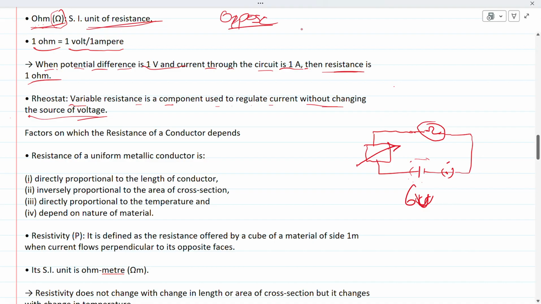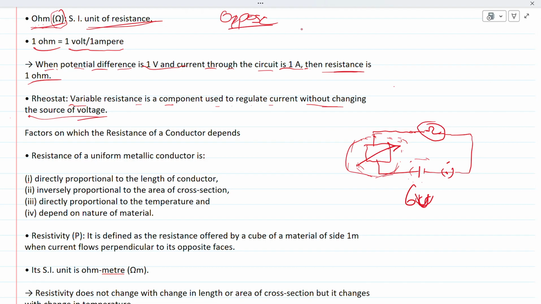The rheostat is the device responsible for regulating the amount of current flowing in the circuit. It controls the amount of current flow through the circuit. Since a rheostat is also a type of resistor, it regulates the amount of current flowing in the circuit. Is that clear?